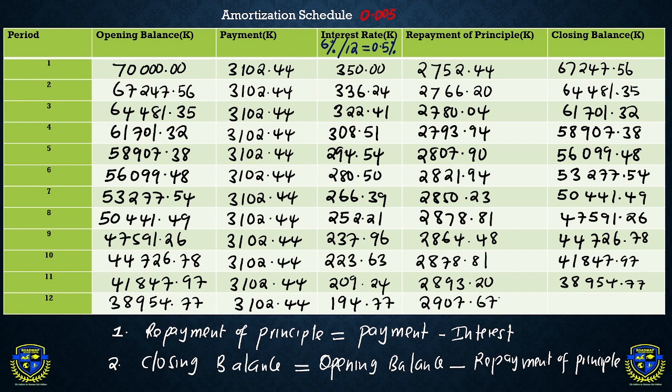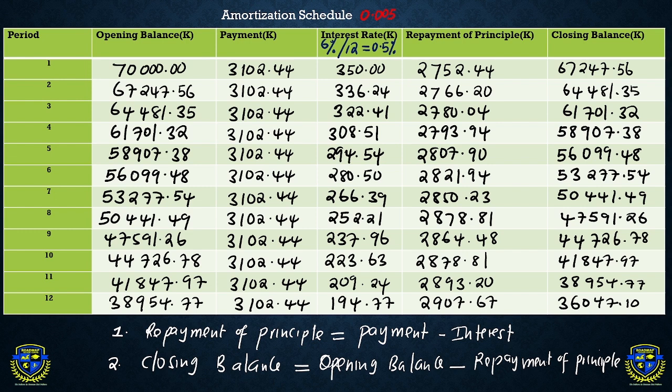That is going to give us the closing balance of 36,047.10. Okay, so kindly go through thoroughly in case of any rounding off error.